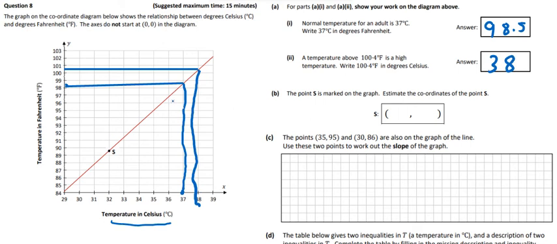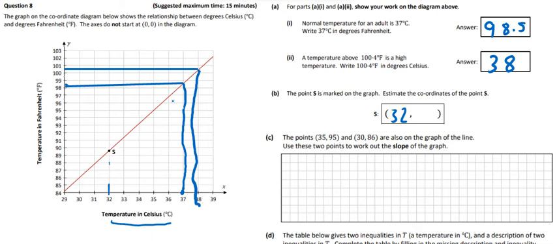The point S is marked on the graph. Estimate the coordinates of the point S. Remember, with plot coordinates, you go along the x-axis first, or along the horizontal first. So it's on the line 32 there, really up from 32. So 32 would be our x coordinate.